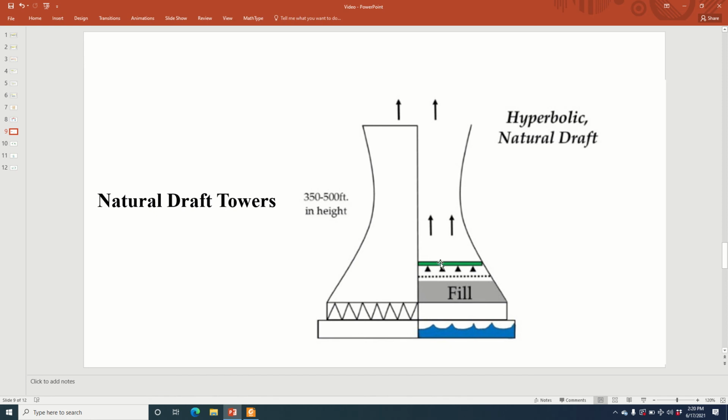As we all know, when the air gets heated, it moves upwards, and the hot water is sprayed through nozzles, and that hot water then passes through the fill materials. Fill materials are made of wood or plastics, and heat is exchanged between the water droplets and air in these fill materials.